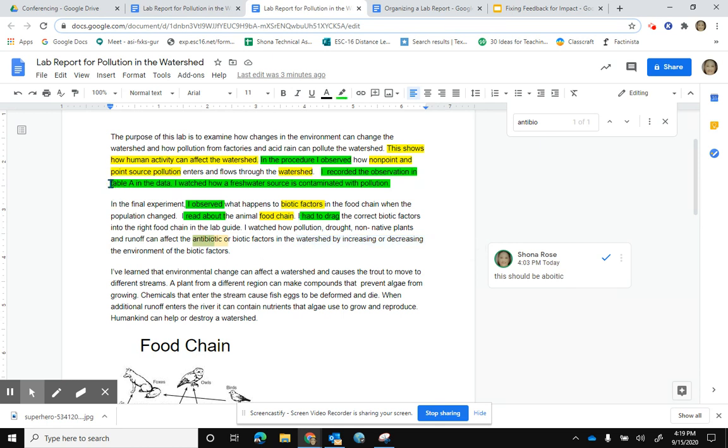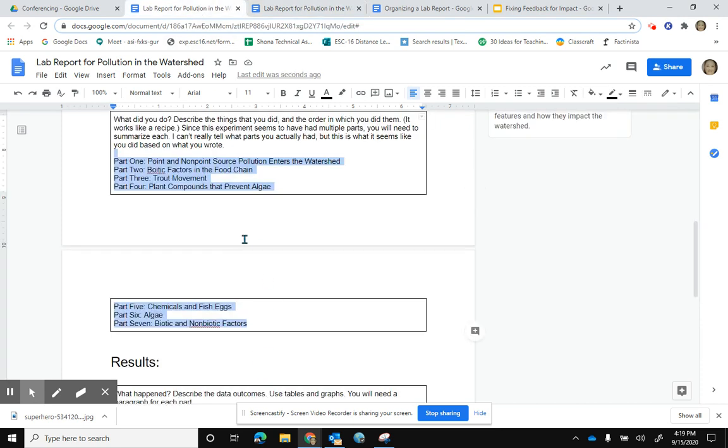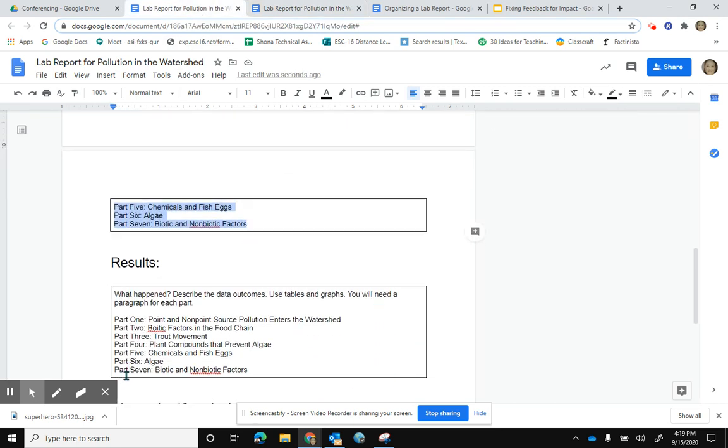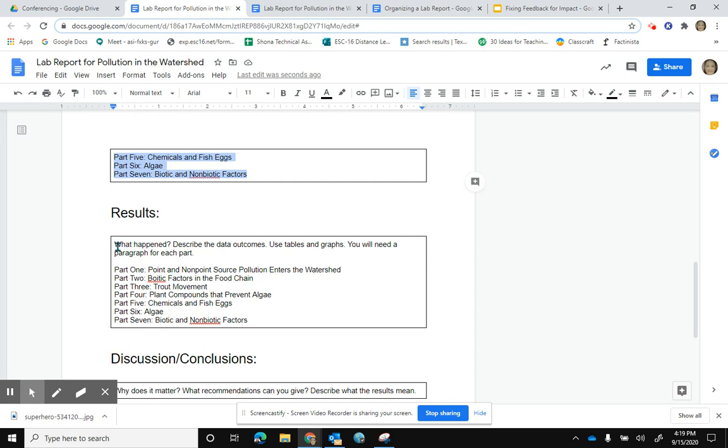And like down right here, you've got table A. That really doesn't go, that's part of your procedures. And you want to make sure you keep the procedures that you're doing separate from, in another paragraph from, the results.